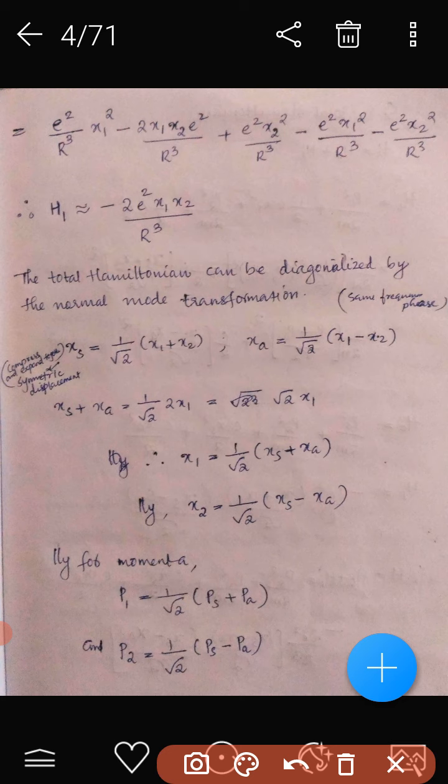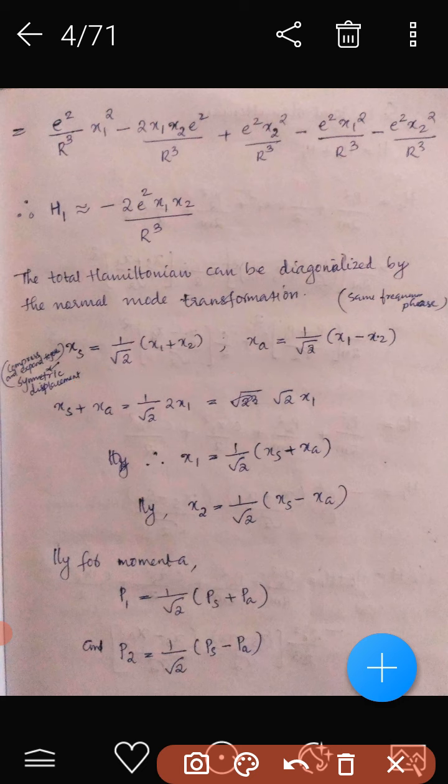Therefore the total Hamiltonian can be diagonalized by normal mode transformation. Normal mode transformation means the two oscillators oscillate with the same frequency and phase. That is normal mode. I think you already studied this in classical mechanics.